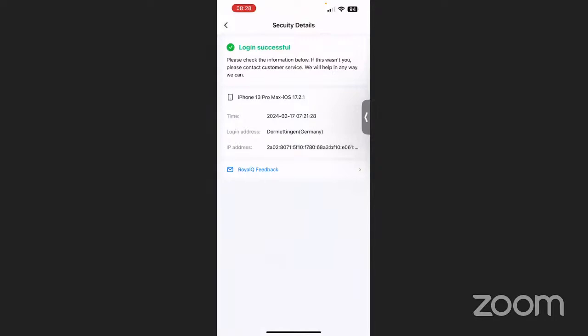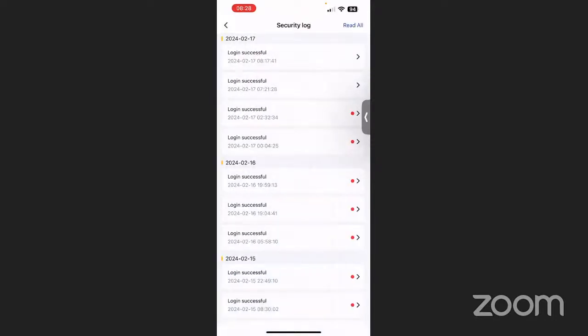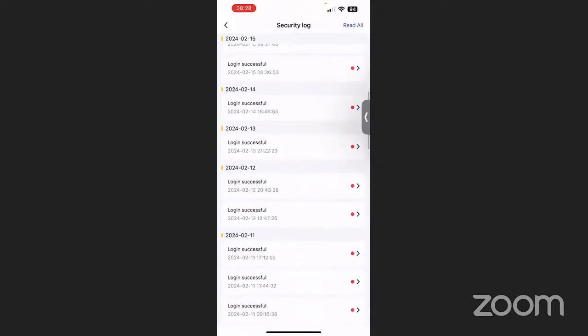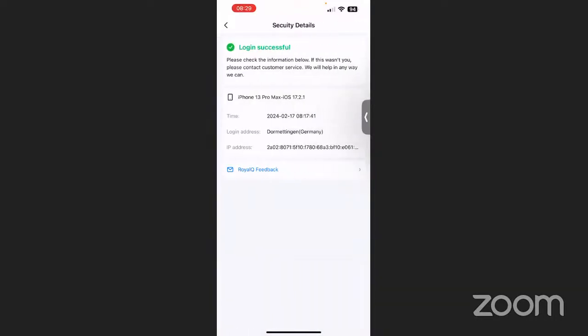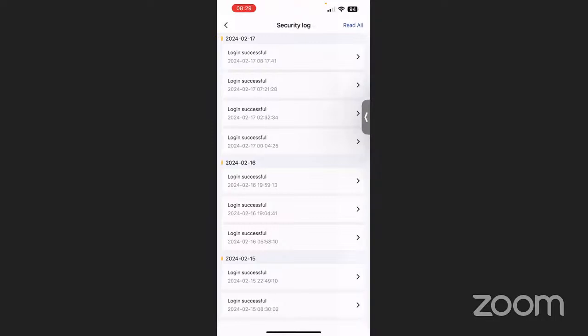Now, if I tap on all, I would see the same messages. I know I'm the one, so I just tap on read all. But to do it the right way, anytime you log in and you see the security log, just click on it to be on the safer side. Once you tap on read all, the red dots disappear.